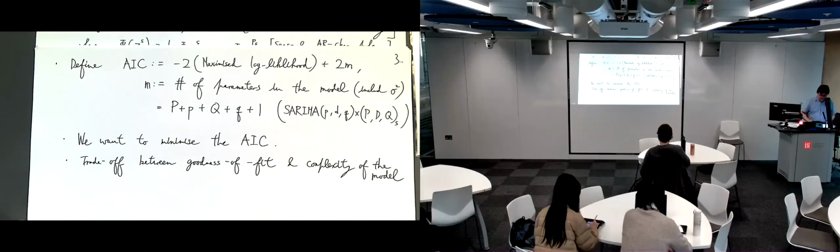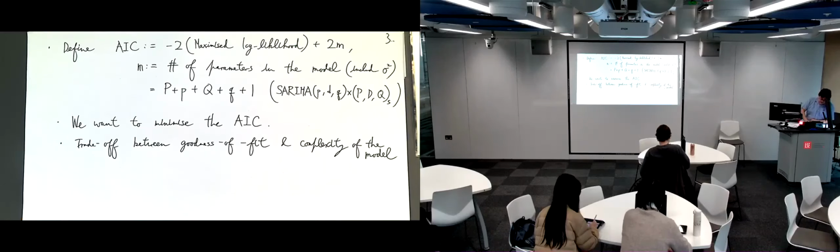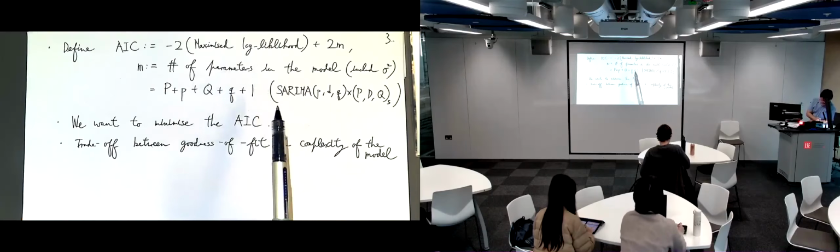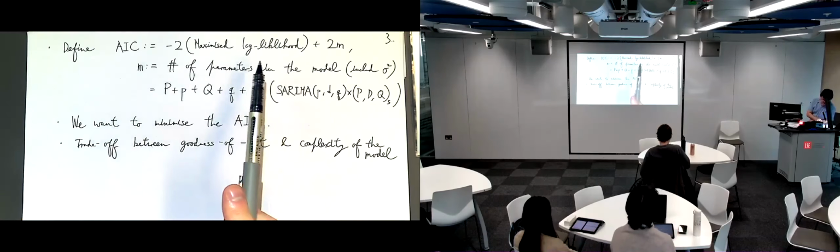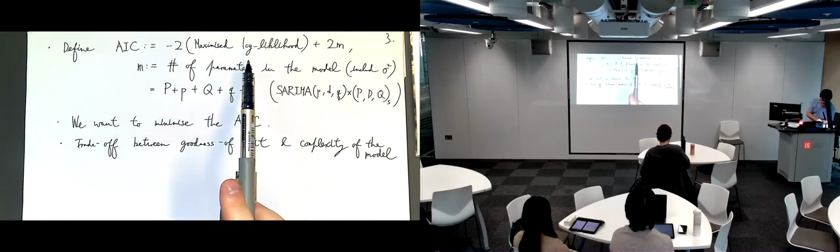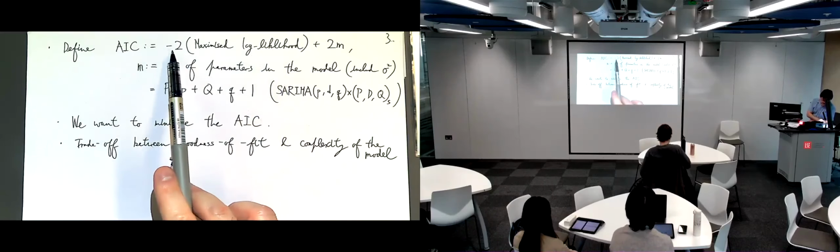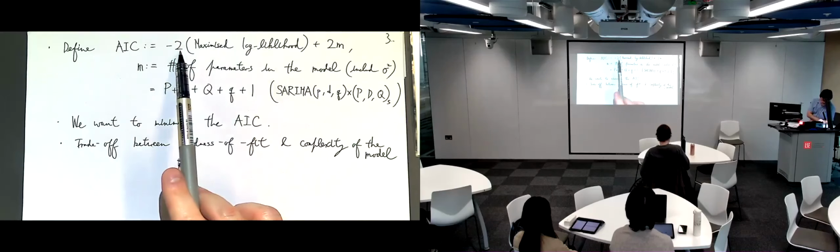Why is that? Why is there a trade-off? Well, if you look at the formula for the AIC at the top, if you want to minimize the AIC, then you need to maximize the log likelihood, right? So to maximize it, there is a minus sign on the left-hand side. So maximize log likelihood means you're minimizing the left-hand part here.